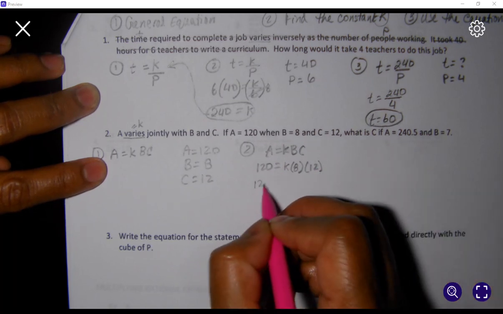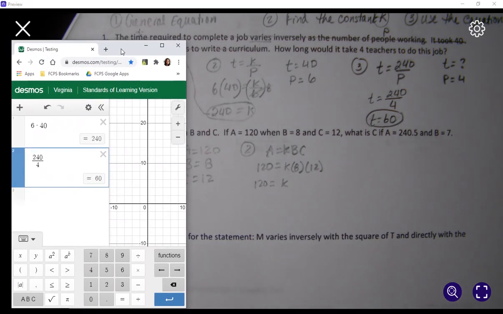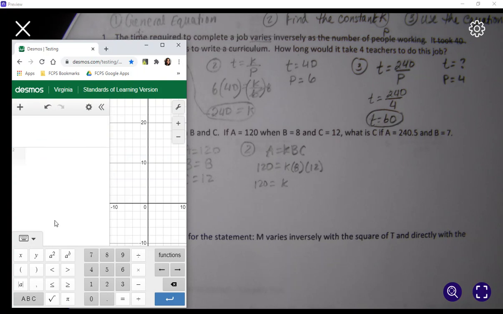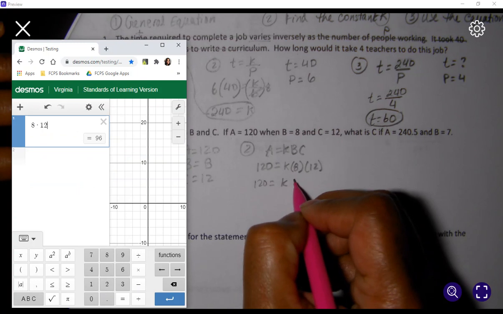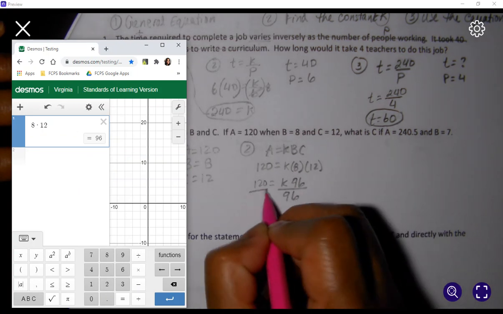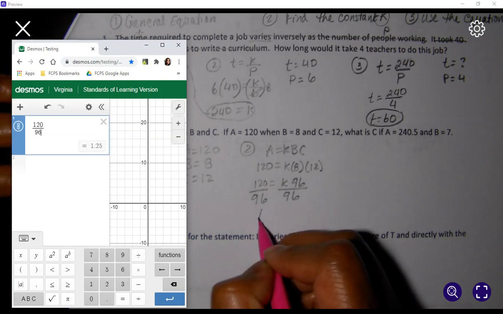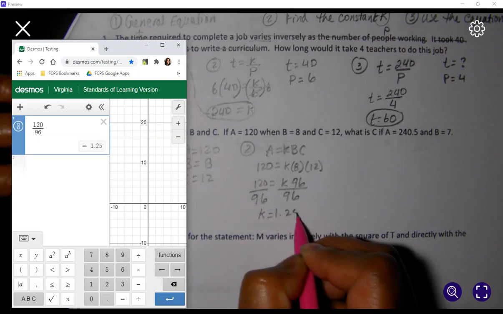So let me simplify this. 8 times 12 is 96. Then I'm going to divide both sides by 96. So 120 divided by 96 is K equals 1.25.